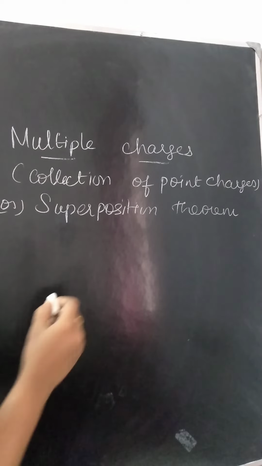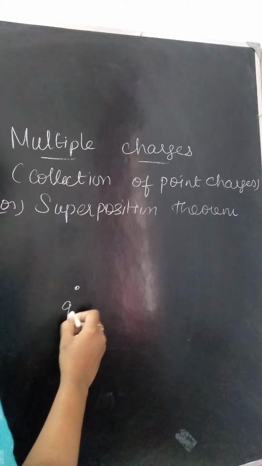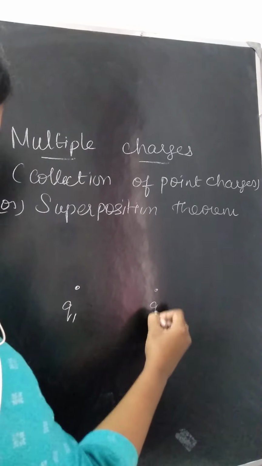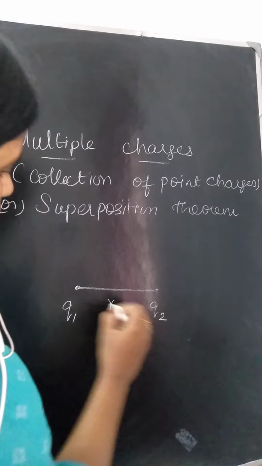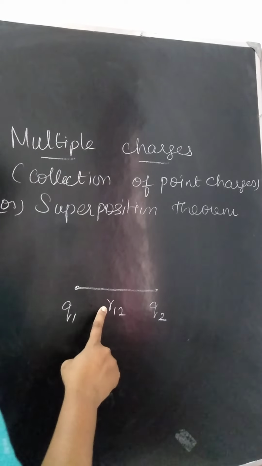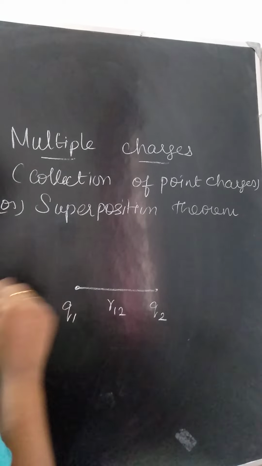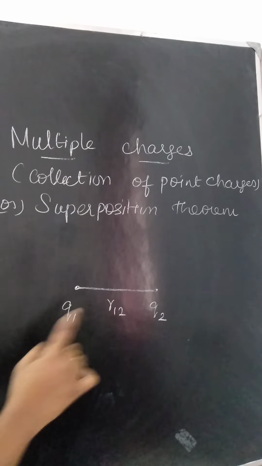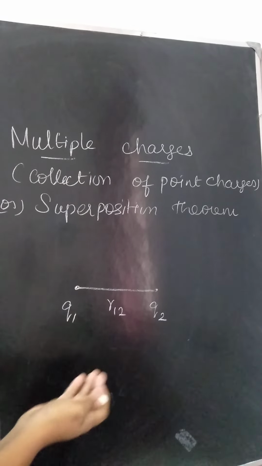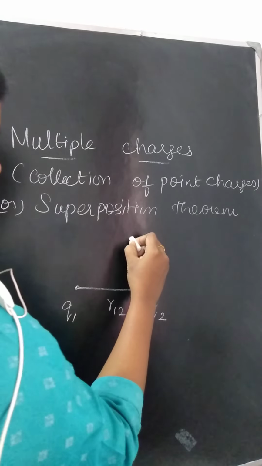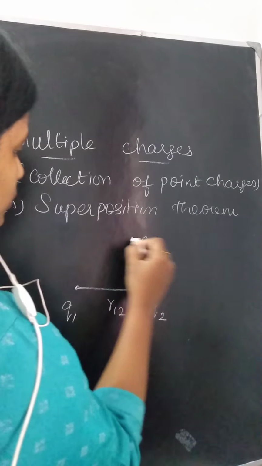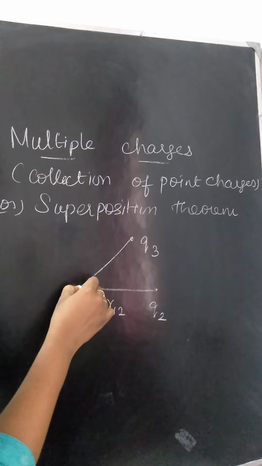If one charge Q1 exists and another charge Q2 is there, and the distance between the two is R12, the distance between 1 and 2, then the force F equals 1 by 4 pi epsilon naught Q1 Q2 divided by R12 square. For example, I have another charge Q3, which also acts on Q1.